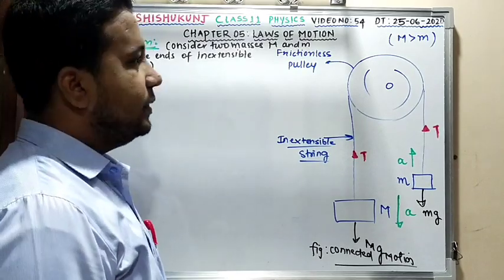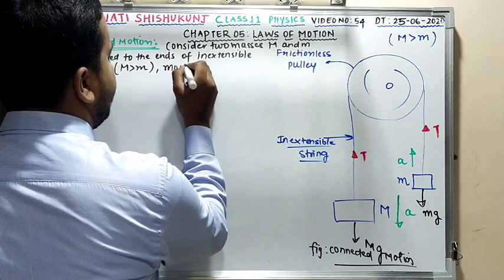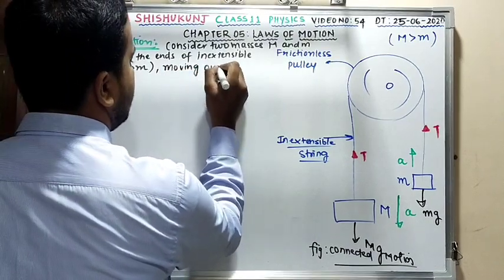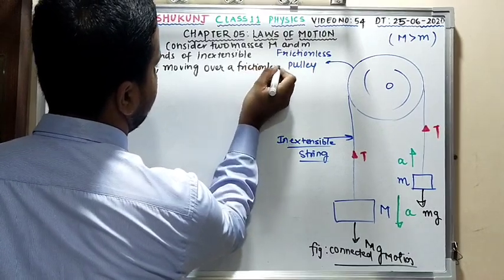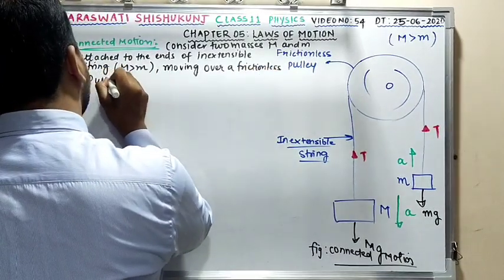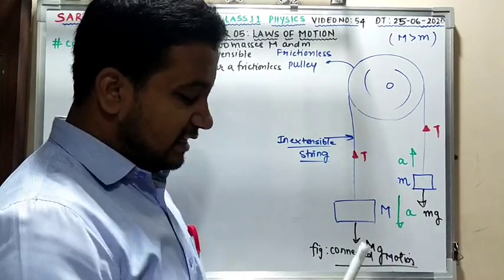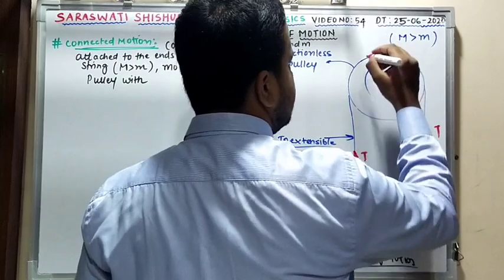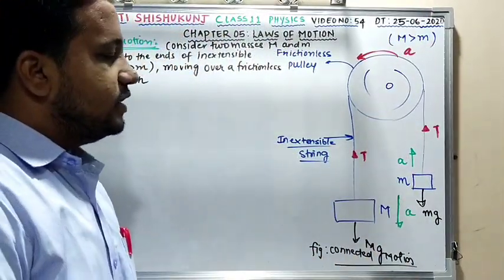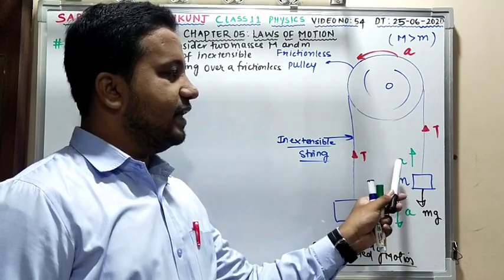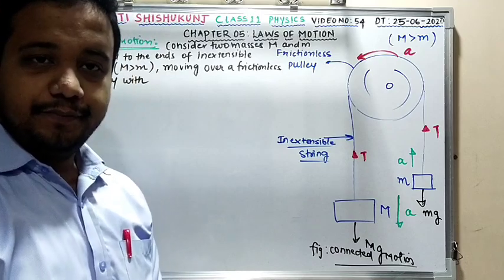Yes or no? Capital M is greater than small m, moving over a frictionless pulley with acceleration. We have to consider acceleration over here. I will consider acceleration to be small a. Yes or no? Because I have already mentioned that it is moving upward with acceleration a, it is moving downward with acceleration a. Hope it is clear.